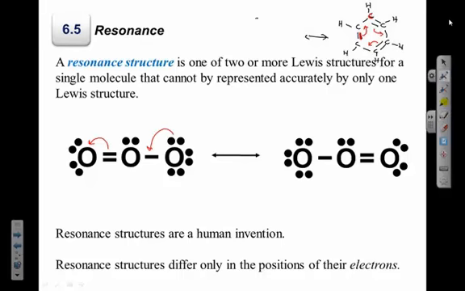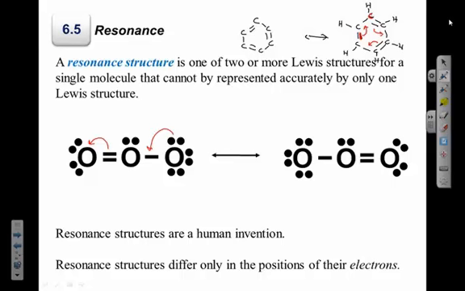I'm not going to draw the hydrogens because they're not involved in the resonance. But now the double bonds are in different positions. That's also resonance. Right? So there's really 3 patterns that you want to be aware of and able to recognize.